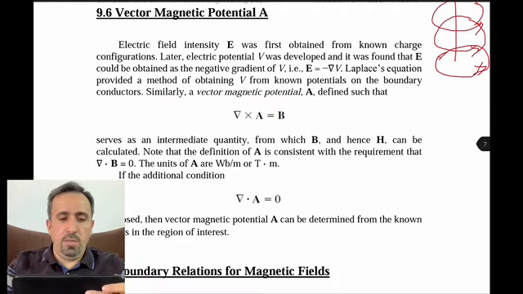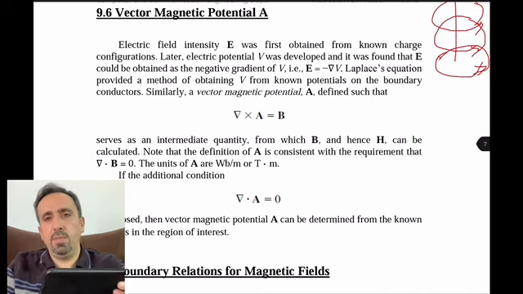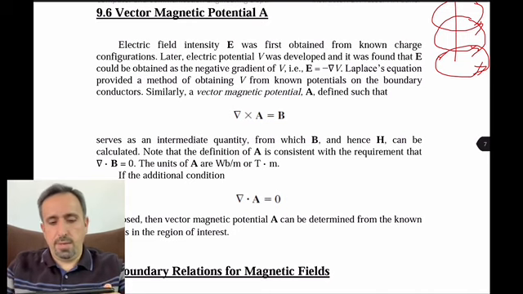Another section is about the vector magnetic potential. Maybe this term physically does not have a very sensible meaning, unlike potential in electricity, where you directly think about the potential difference, which is the voltage.